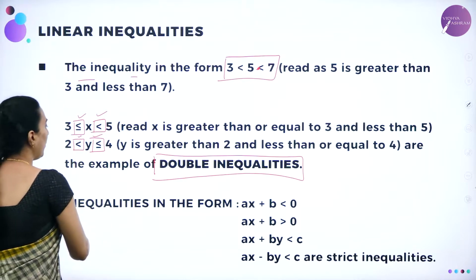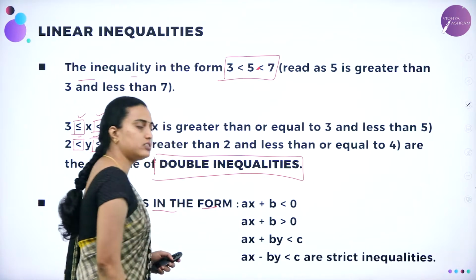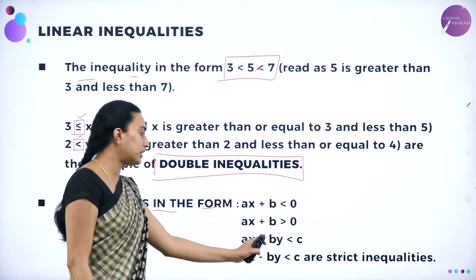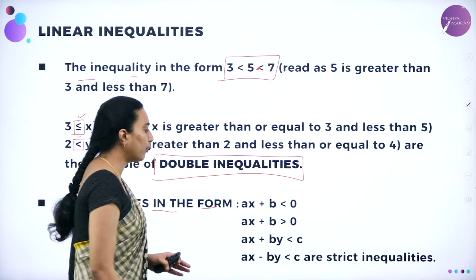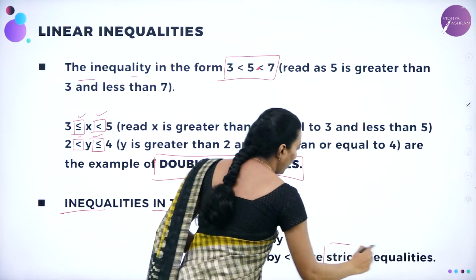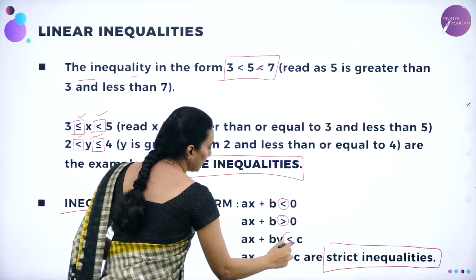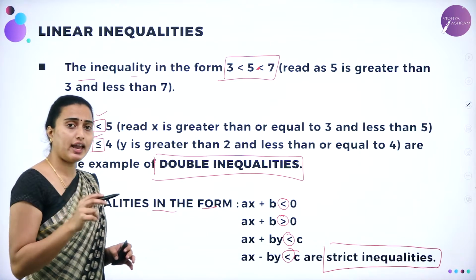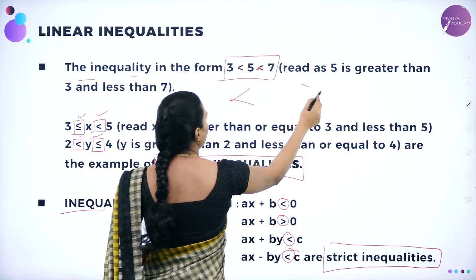So next, inequalities in the form of like this: ax plus b lesser than 0, or ax plus b greater than 0, or ax plus by lesser than c, ax minus by lesser than c are going to be known as strict inequalities. Dear students, you can observe here only lesser than, greater than, lesser than, greater than they have used. This is called lesser than, this is called greater than.